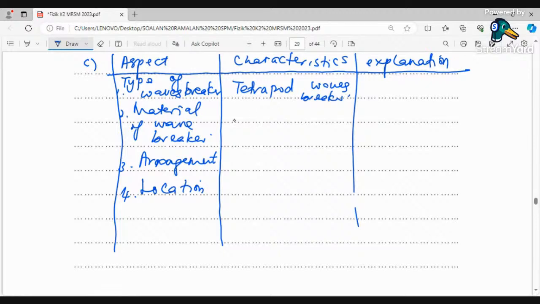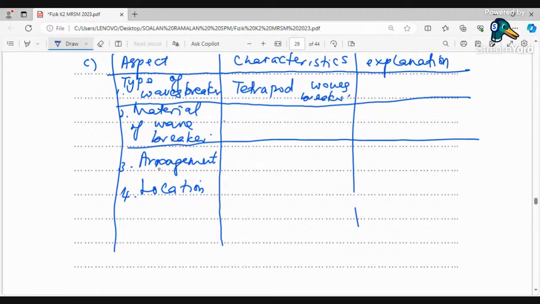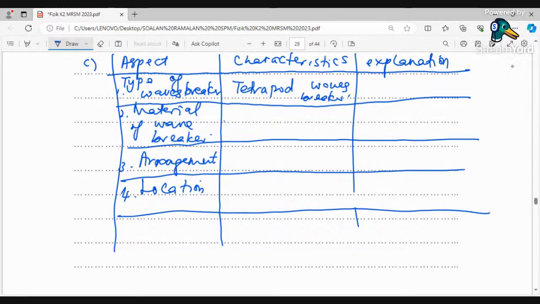Okay, material or wave, sini kita letak konkret. Jadi dia all punya tu boleh buat kotak yang ada line macam ni lah, sebab separate setiap satu bahagian lah. Okay, guna ruler, jangan guna freehand. Okay, konkret.